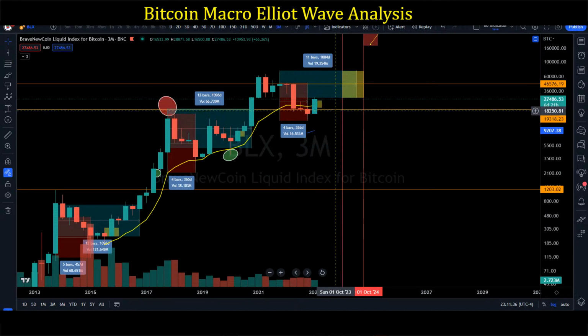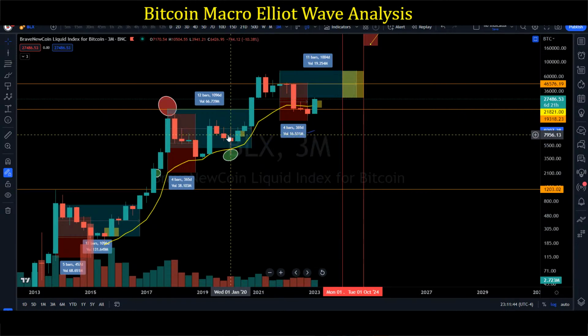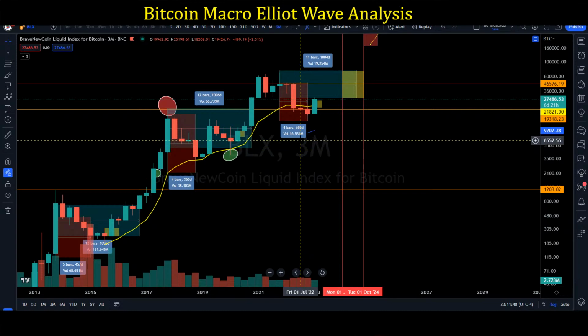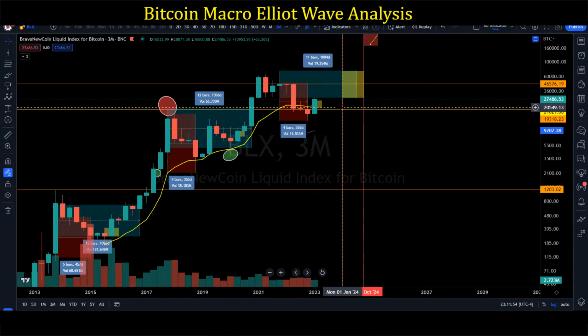And I said it back in November, back in January, after we got that 20%, 30% pump, some people were saying, oh, that's the same thing we had back in October 2019. We're going to dump again. No, okay? Because this one we got in January. And most of the time, BTC trend shifts in January.